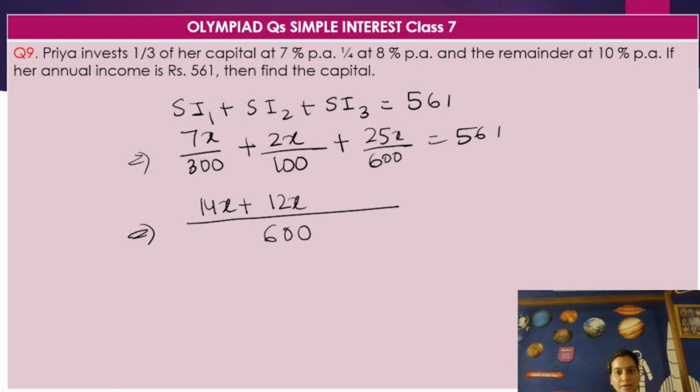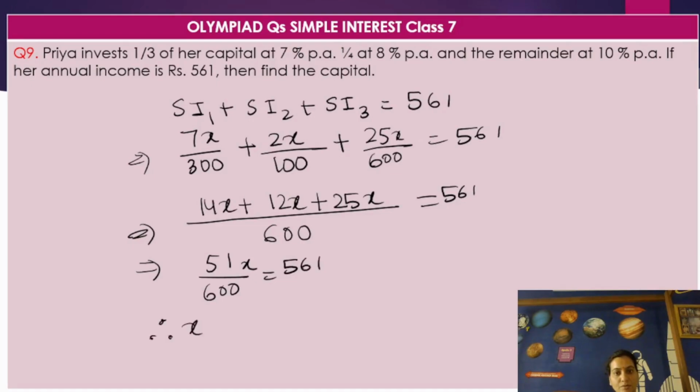It will become 12x. And 600 divided by 600 is 1. So 25x as it is, equal to 561. So here it becomes 14 plus 12, it is 26x. 26x plus 25x is actually 51x by 600 equal to 561.